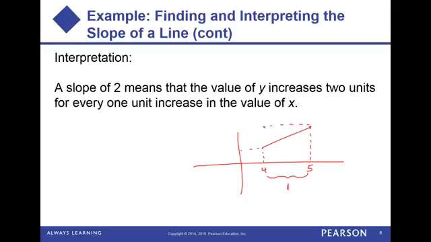Let's say 3 here, and then we're going to go to 5 here. So notice for every 1 increase along the x-axis, there's an increase of 2 along the y. That's technically what a slope means, or the steepness of a graph.